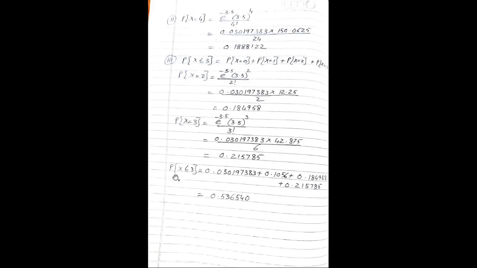Now for getting the answer probability X less than or equal to 3, we will add all the 4 values: 0.030197383 plus 0.1056 plus 0.184958 plus 0.215785. So the final answer becomes 0.536540.